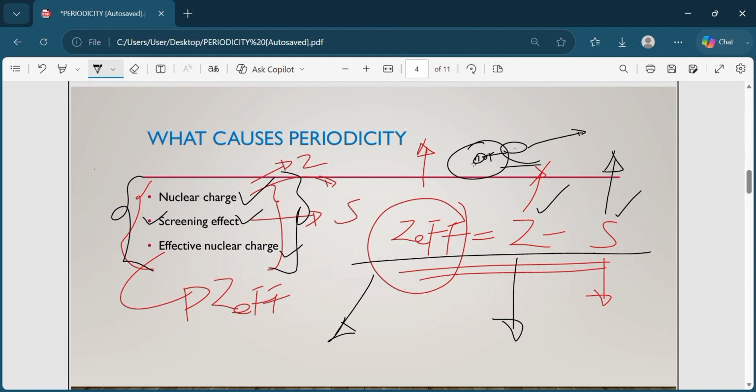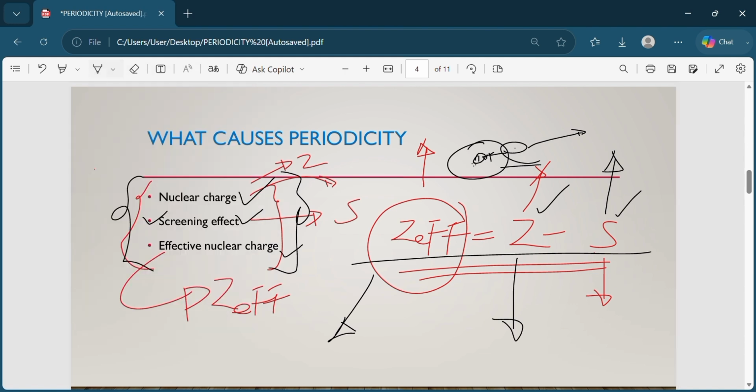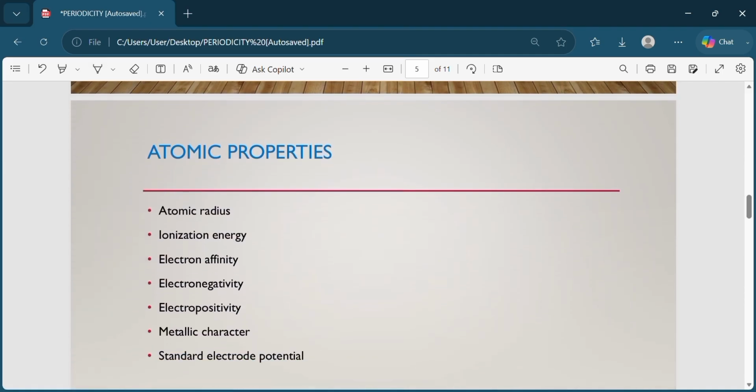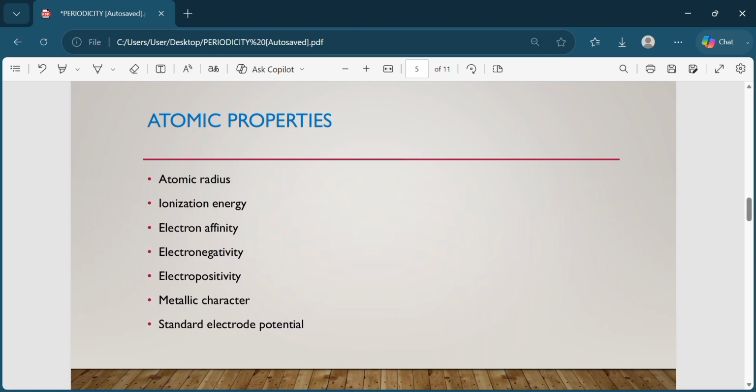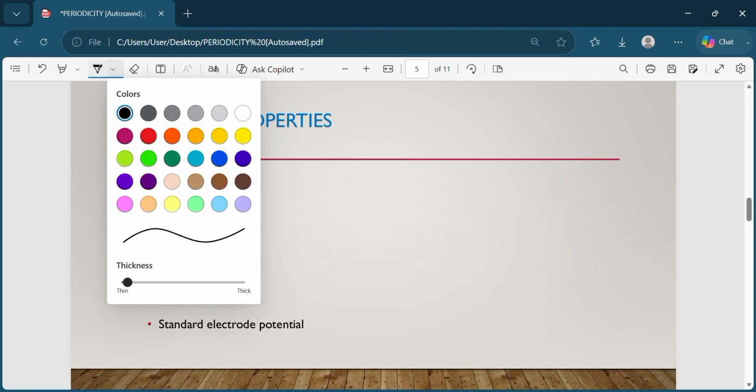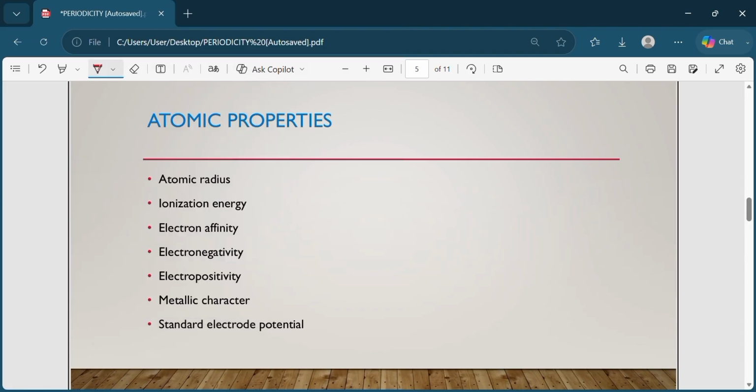So that is something small as far as what we are going to do. We're going to look at how all of these explanations make sense by looking at the atomic properties. I tried to list out a few. There are many, but we are going to use a few examples to make sure that the point goes home: atomic radius, ionization energy, electron affinity, electronegativity, electropositivity, metallic character, and standard electrode potential, to mention but a few.